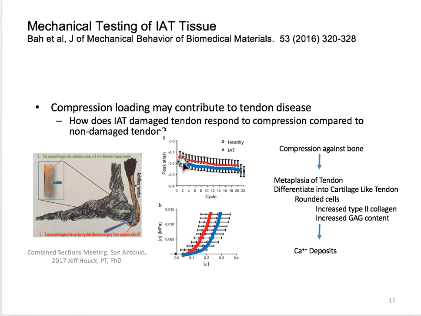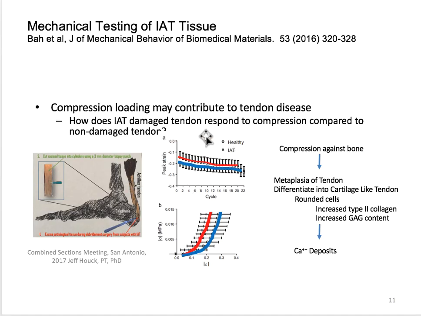They've also done testing of this with tissue extracted from the people that had insertional Achilles tendinopathy. What we notice is that people with Achilles tendinopathy that have this trifecta of retrocalcaneal bursitis, bony abnormality, and this increased pressure on the deep side of the tendon are experiencing increased tendon stiffness.